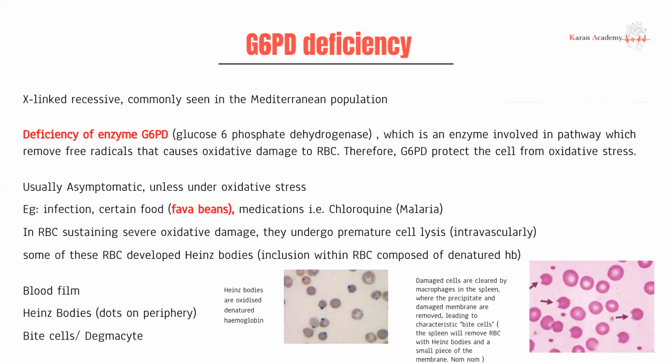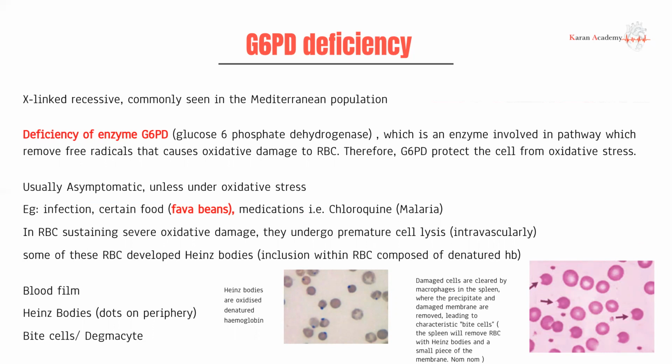Now, these free radicals in most cases are non-pathological and don't usually do much unless you have a problem with removing them. Ideally, G6PD removes these free radicals, and usually you're all good, right? However, when your body is under high periods of stress or oxidative stress, you can become symptomatic.